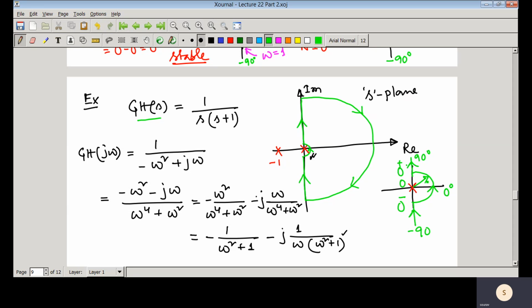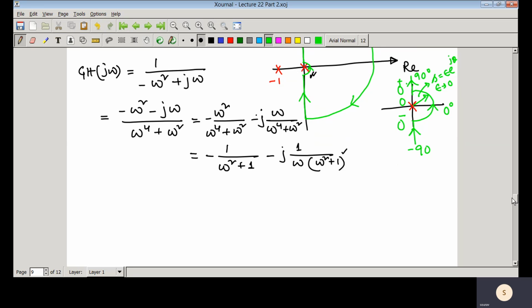And here we have to take a small s equal to epsilon e to the power j theta, where epsilon is tending to 0 because it is a very small semicircle. So the second step is just replace s with epsilon e to the power j theta.